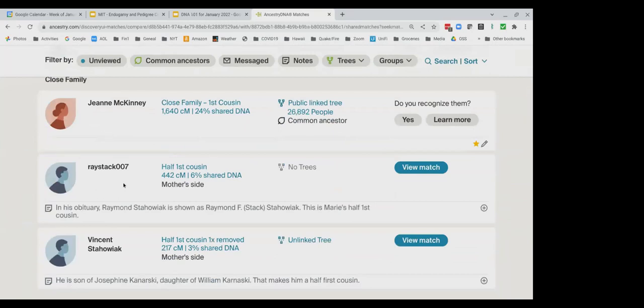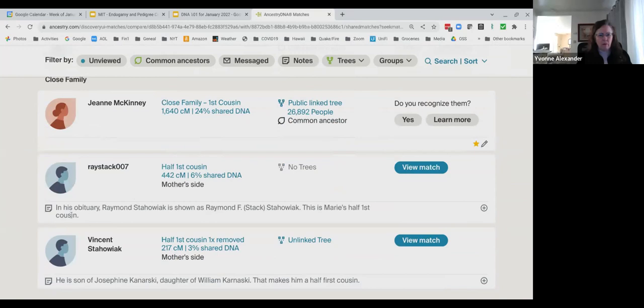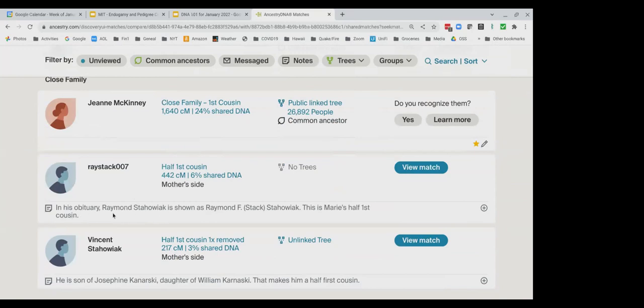He matches with Ray Stack. Ray Stack turns out to be Raymond Stahoyak, who changed his name to Stack. I know this because of the genealogy. He is a half first cousin to my wife, because her Polish grandfather had two wives.